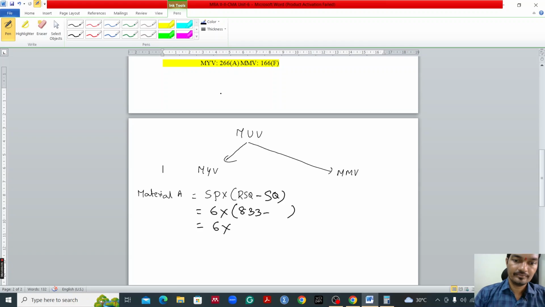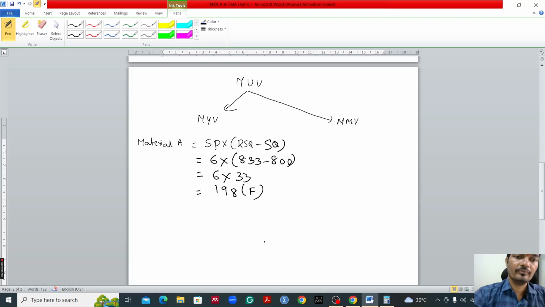We are getting 83, multiplied by 6, the value is in plus only. 498, we got a positive value, right, favorable.